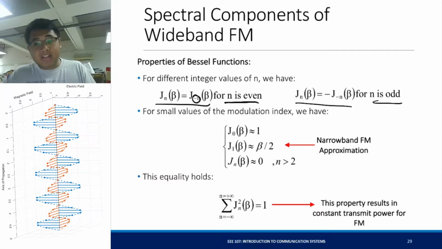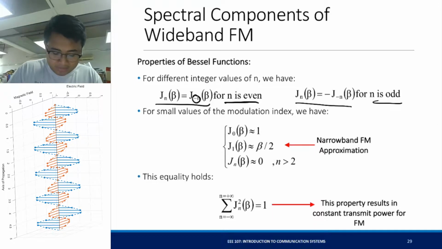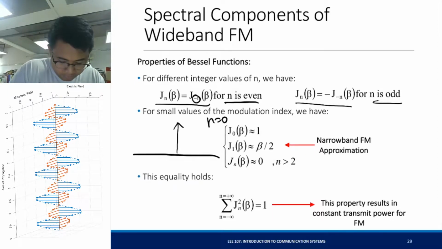And for small values of the modulation index, if beta is very small, you will see that at n equal to 0, which represents the carrier, the J naught of beta here is equal to 1, and J1 of beta here is equal to, well, beta over 2.